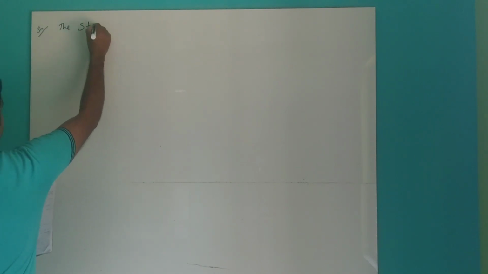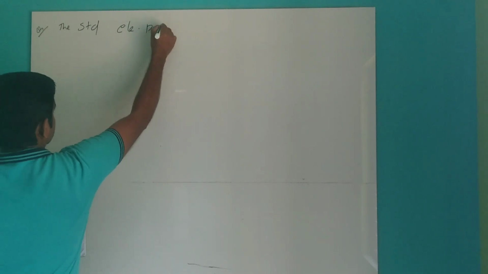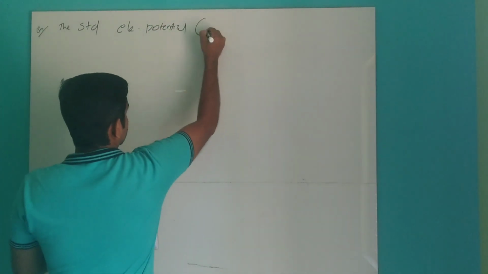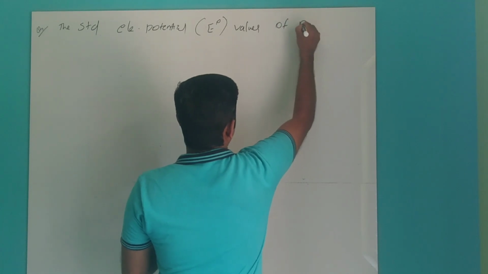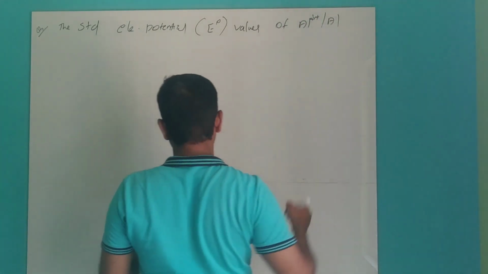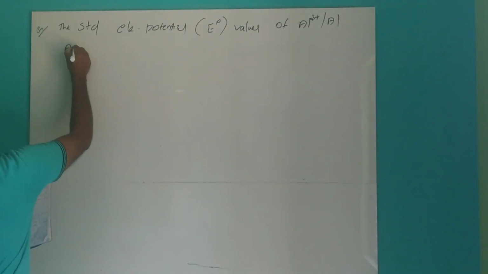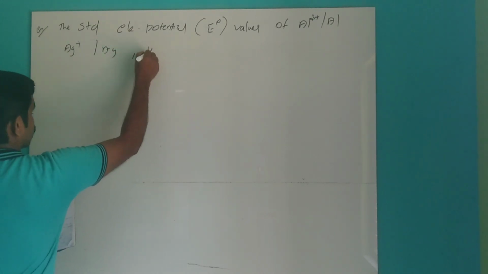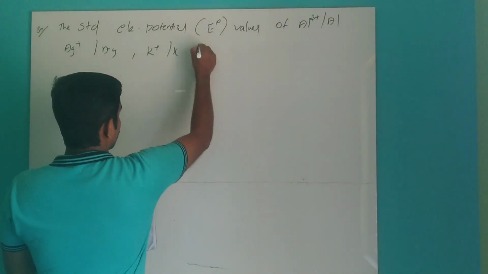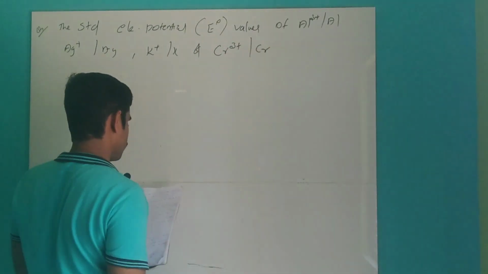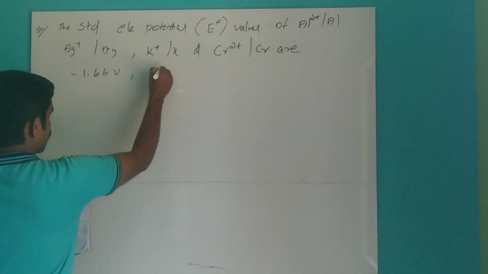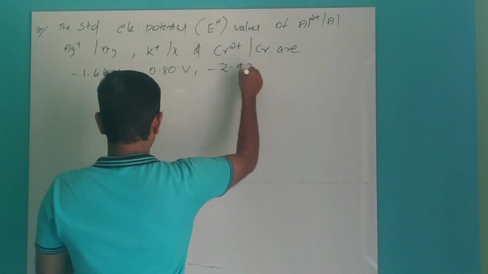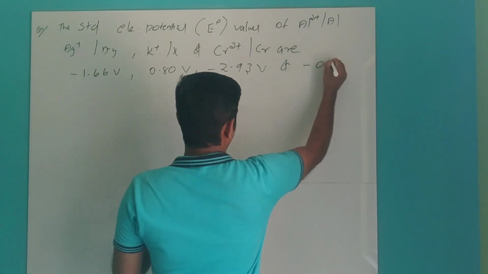The question is the standard electrode potential, that means E0 values of Al3 plus bar Al, Ag plus bar Ag, K plus bar K and Cr3 plus bar Cr are minus 1.66 volt, 0.80 volt, minus 2.93 volt and minus 0.74 volt.